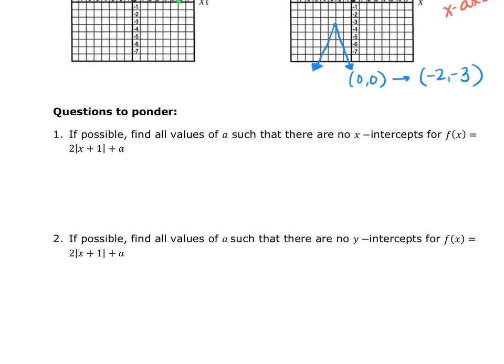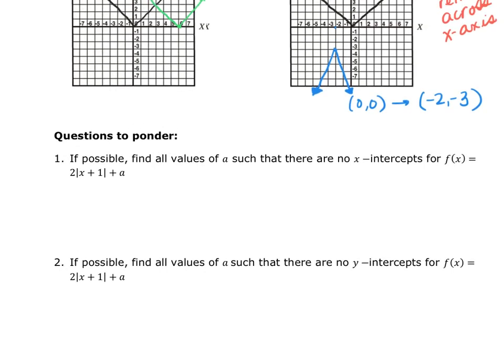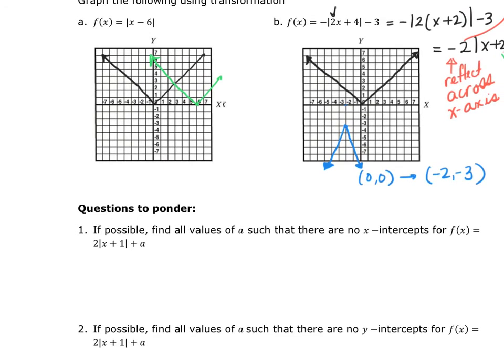Here's a couple of questions to ponder. If possible, find all values of A such that there are no x-intercepts. Now, we take a look at this, and what we see is that if we don't have a reflection over the x-axis, then all I have to do is move this up.